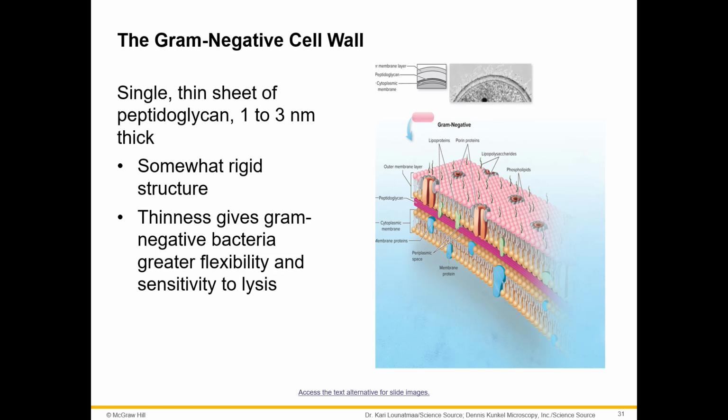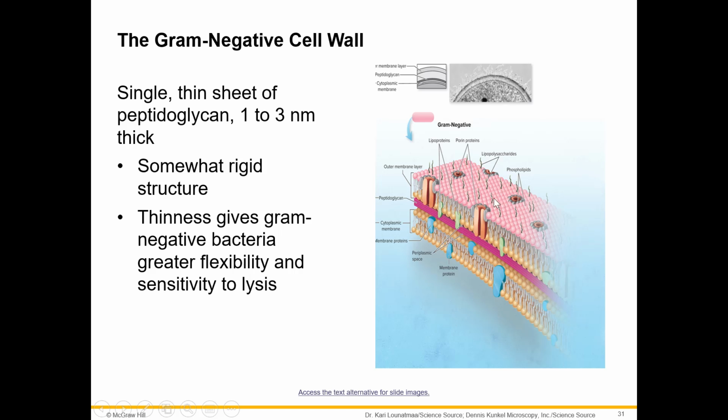Gram-negative bacteria have an outer membrane, a thin layer of peptidoglycan, and then an inner membrane. And the outer membrane is unique because the phospholipid bilayer is a little bit different. Instead of having the typical phospholipids, we have lipopolysaccharides on the surface of the outer membrane.